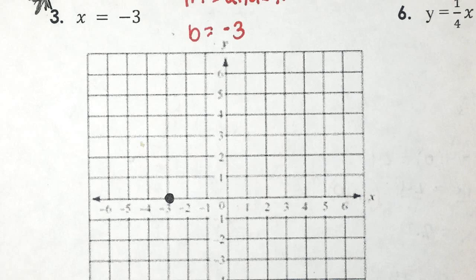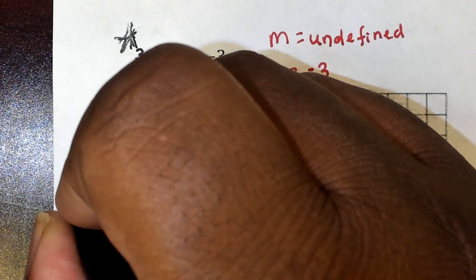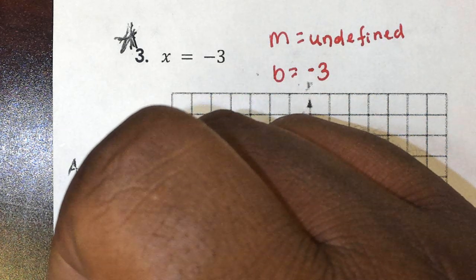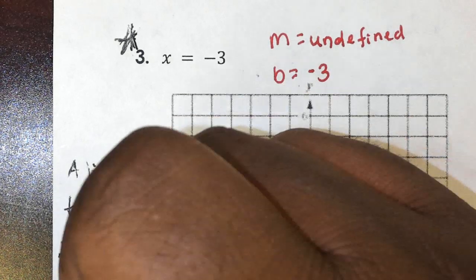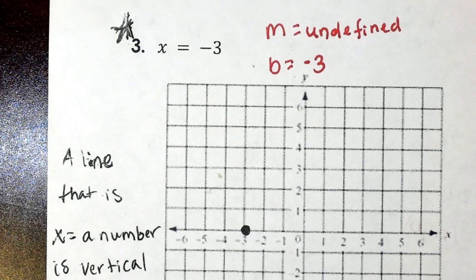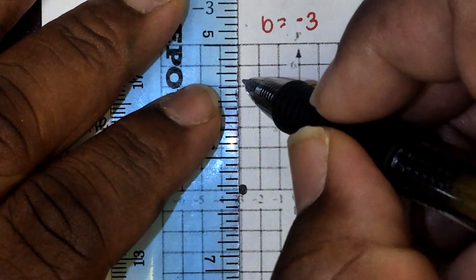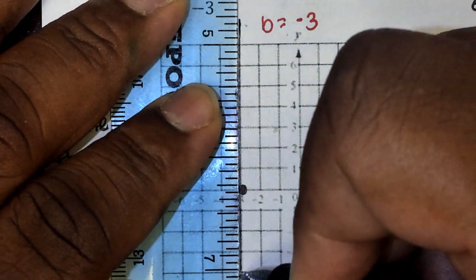Listen. I guess we need to write another thing out to the side here. A line that is x equals a number is vertical. This is a vertical line at x equals negative 3. Oh, I'm tripping. Hold on, I wrote that wrong too.